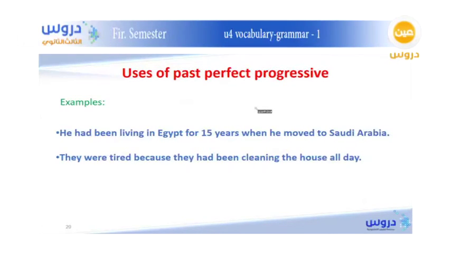All of you, why did we say the verb with ing after been? He had been living. Why do we not say he had been lived or left or live? Why do we add ing?